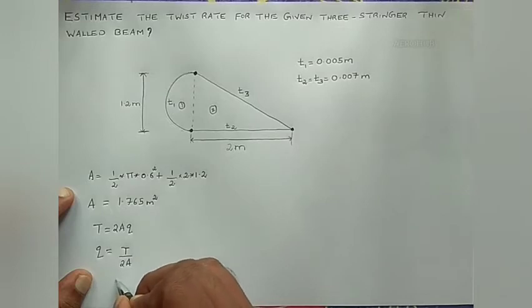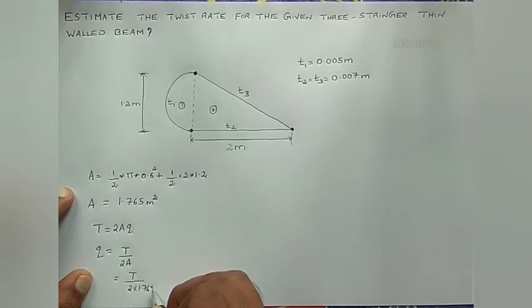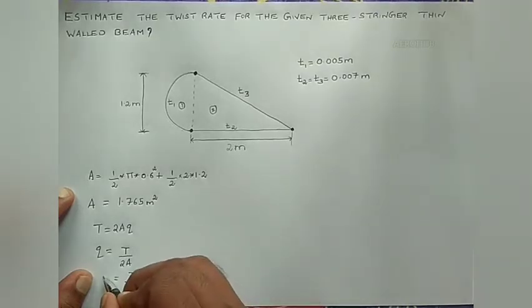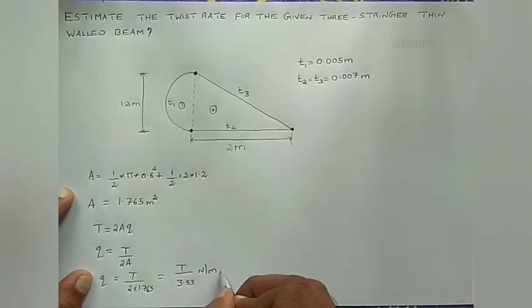T is not given. The area is 1.765, so 2 into 1.765 is 3.53, and Q is T divided by 3.53 Newton per meter. This is the value of Q, put as equation number 1.